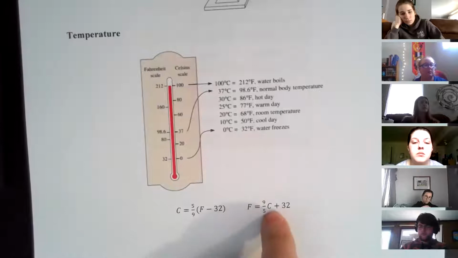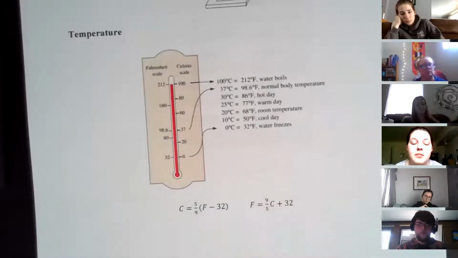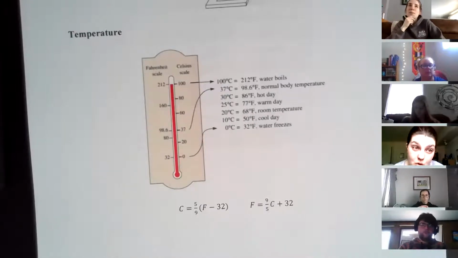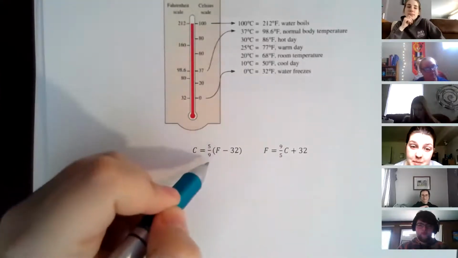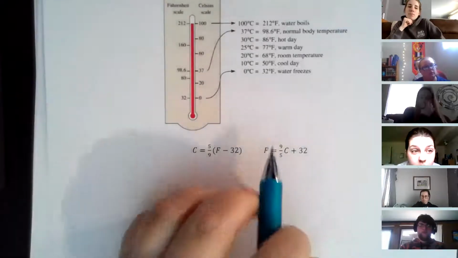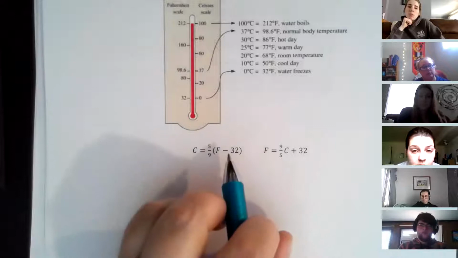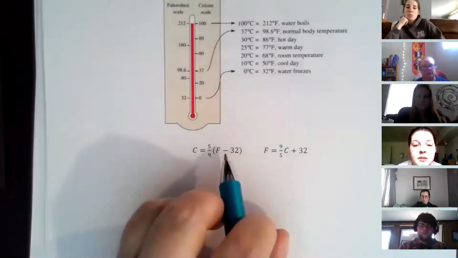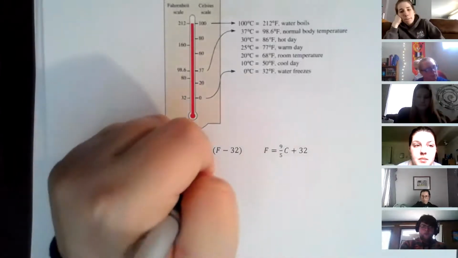If I take the degrees Celsius, multiply it by 9/5, then add 32, I get Fahrenheit. Those don't look like inverses right now, because the 5/9 is going to be the distributive property, won't it? So if I put in F for this, I should get C equals C, right?